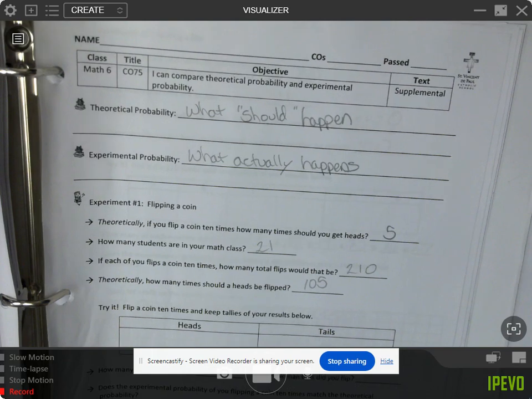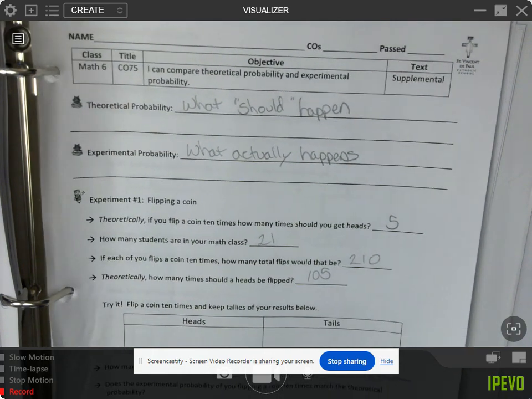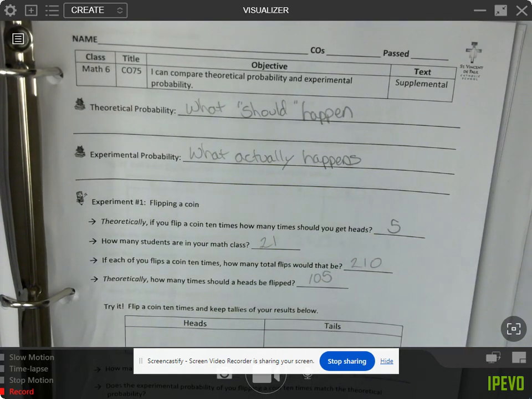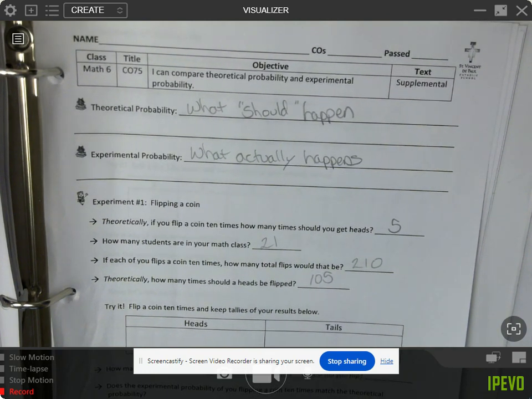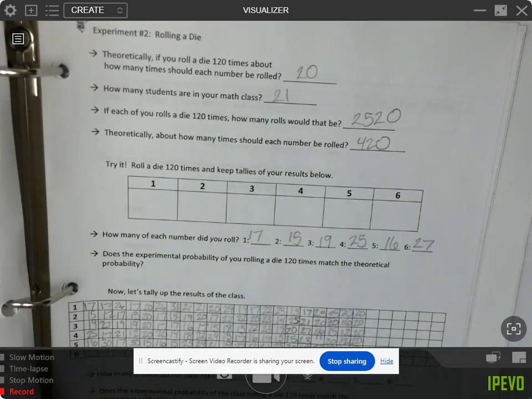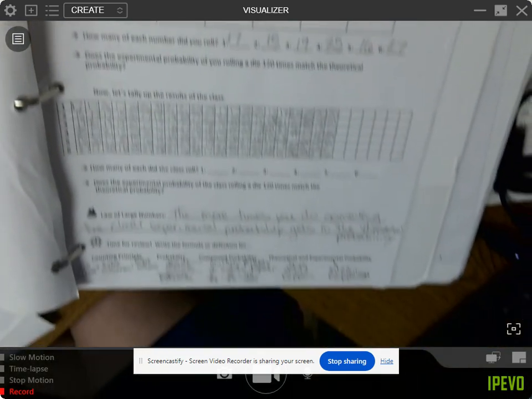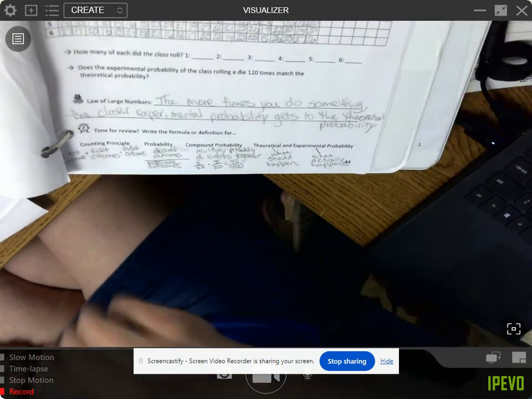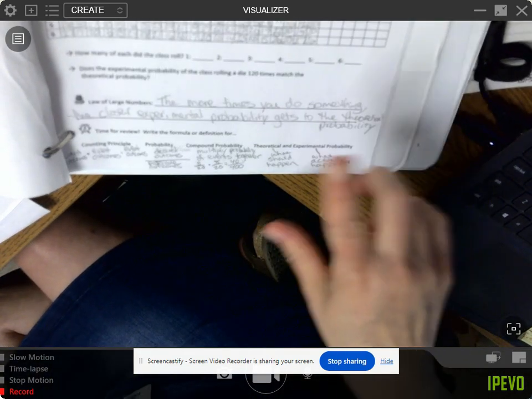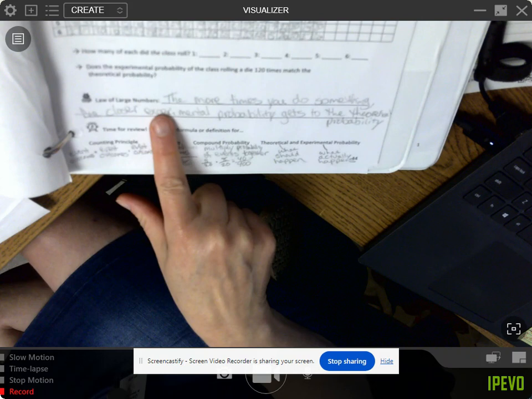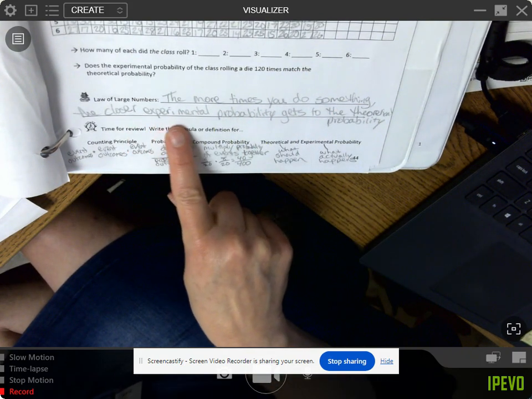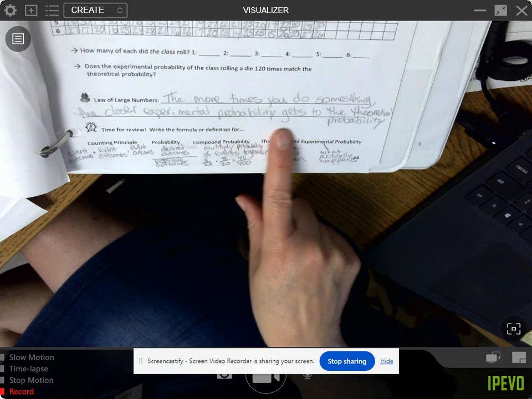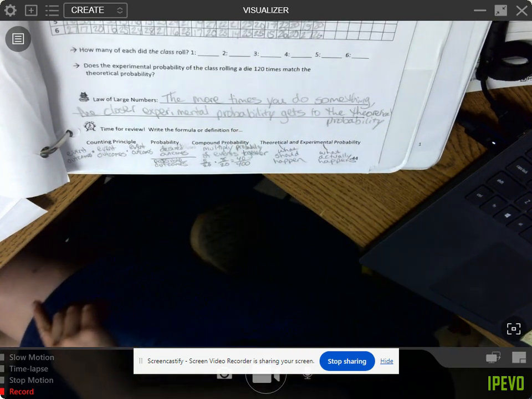What big law do we remember between what you did individually with the coin flips and the dice versus adding it all together as a class? What did we talk about? What law was that? The law of large numbers. You will want to write this definition on your help sheet. Law of large numbers: the more times you do something, the closer your experimental probability gets to the theoretical probability.